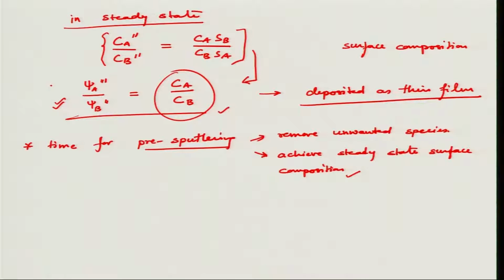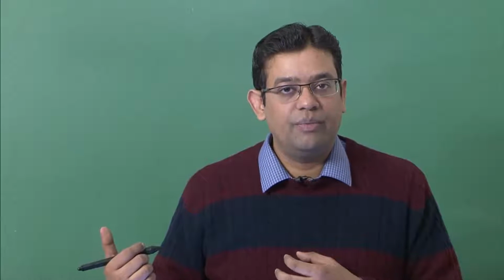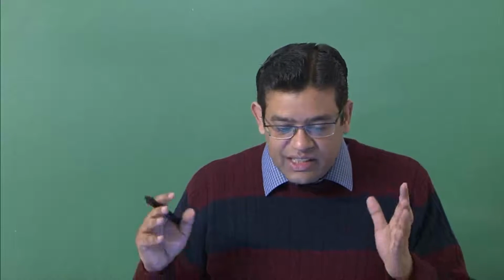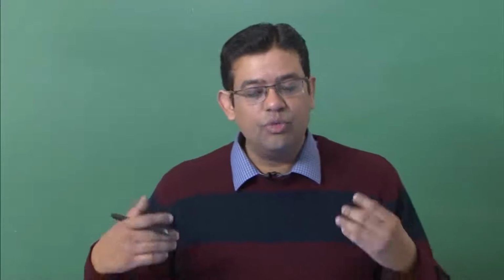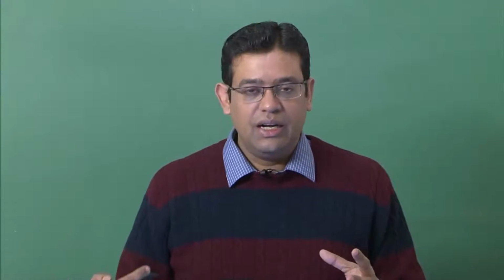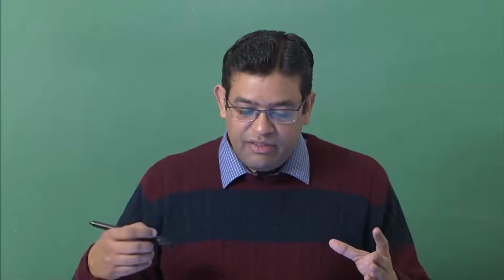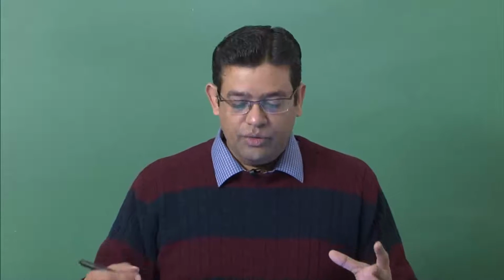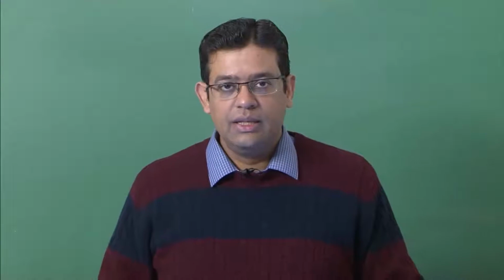So, in this way, this is a superior technique compared to thermal evaporation. We will see more benefits or advantages of the sputtering process over thermal evaporation in the coming lectures, and various ways of doing the sputtering process. Okay. Thank you very much.